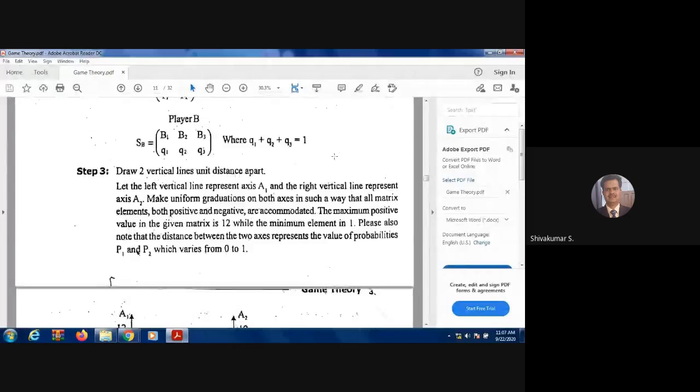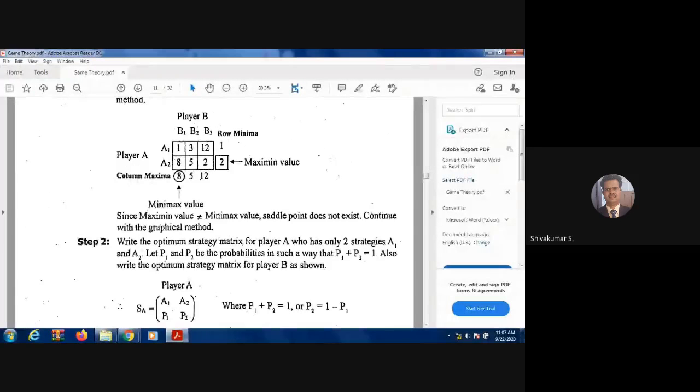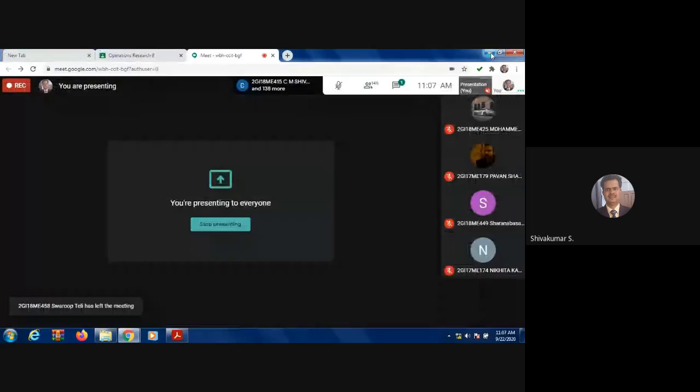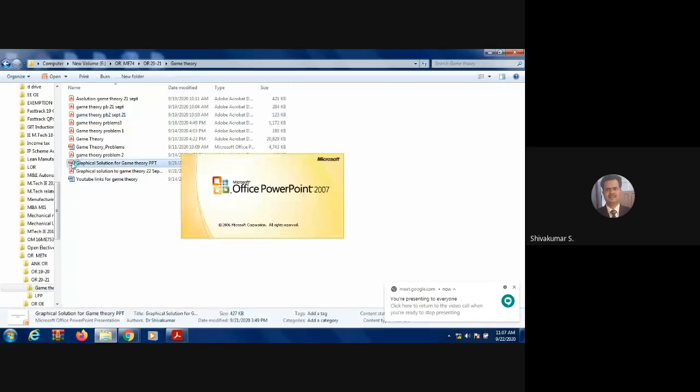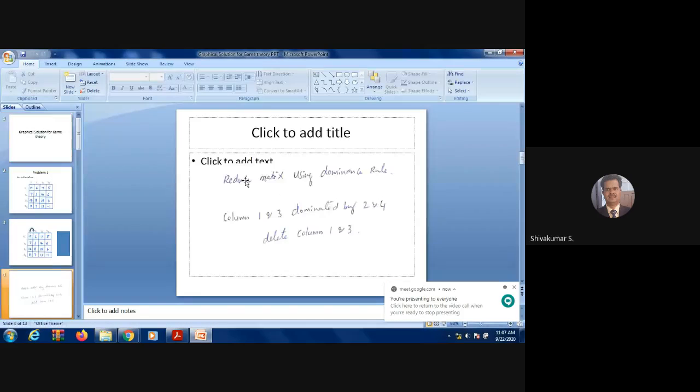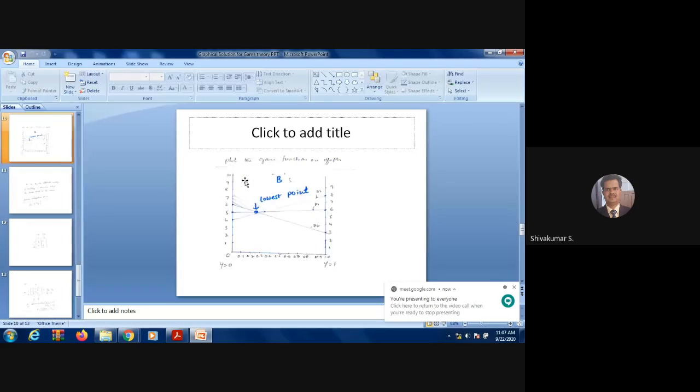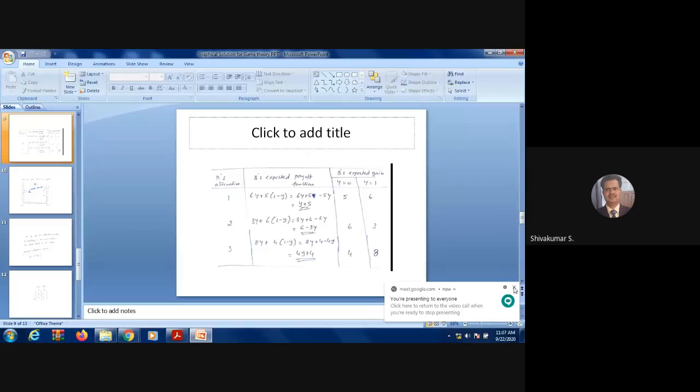For this table, can you prepare like this?